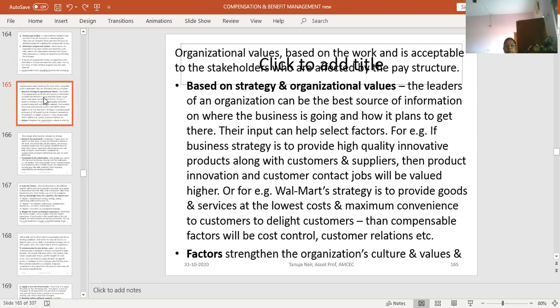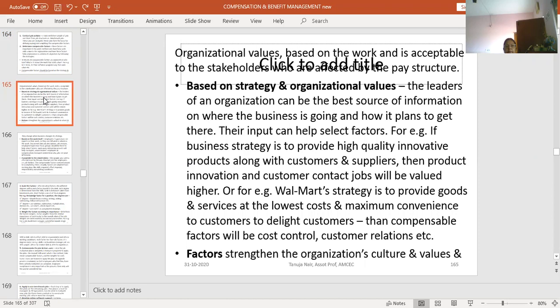So product innovation will be an important factor for those jobs which are into product innovation, and for those jobs which are interacting with customers directly, the customer contact factor will be very important. So those will be considered as the compensable factors.